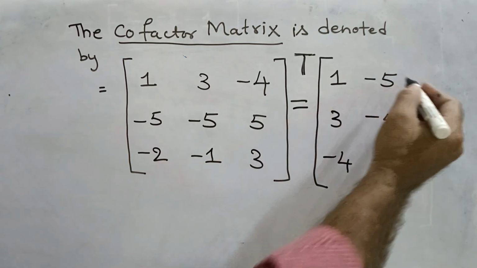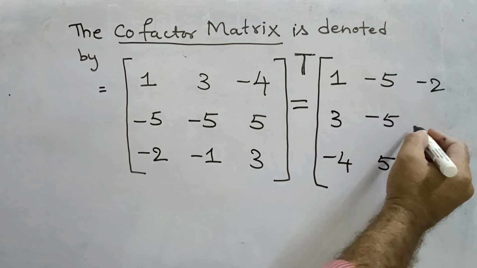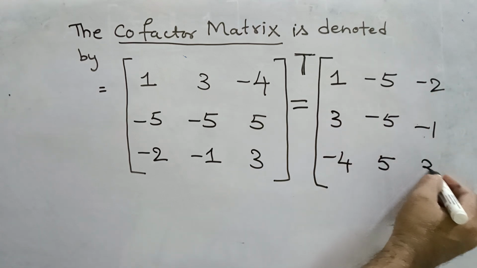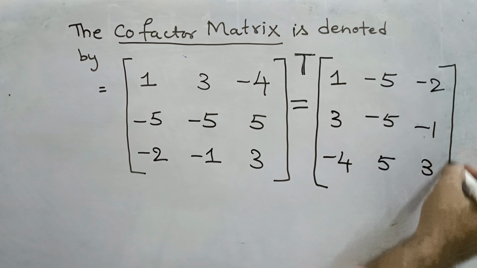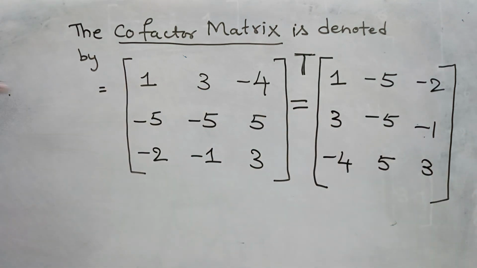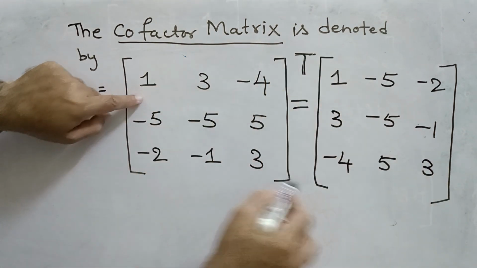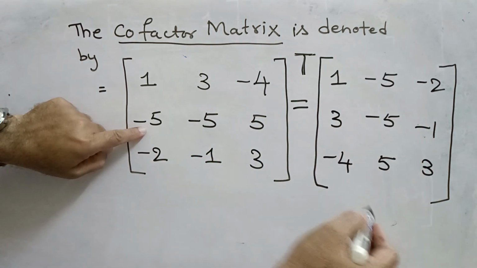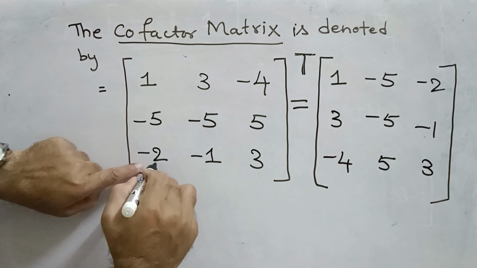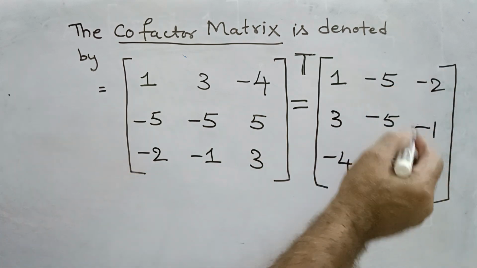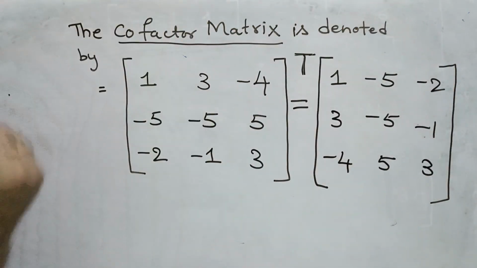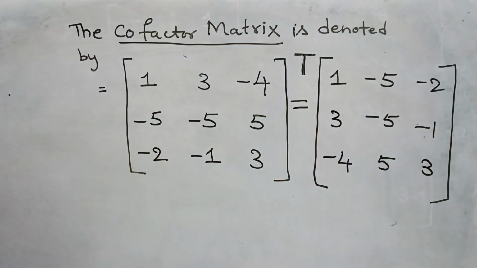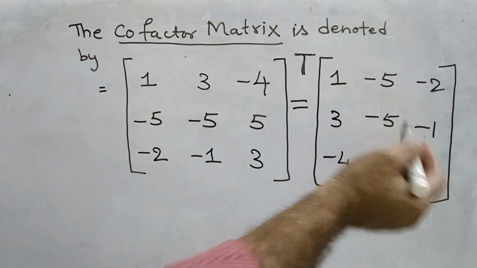And the third row you can write like this: minus 2, minus 1 and 3. The first row will be considered as the first column, the second row will be the second column, and the third row will be the third column. This is the transpose. This particular matrix is called the adjoint.